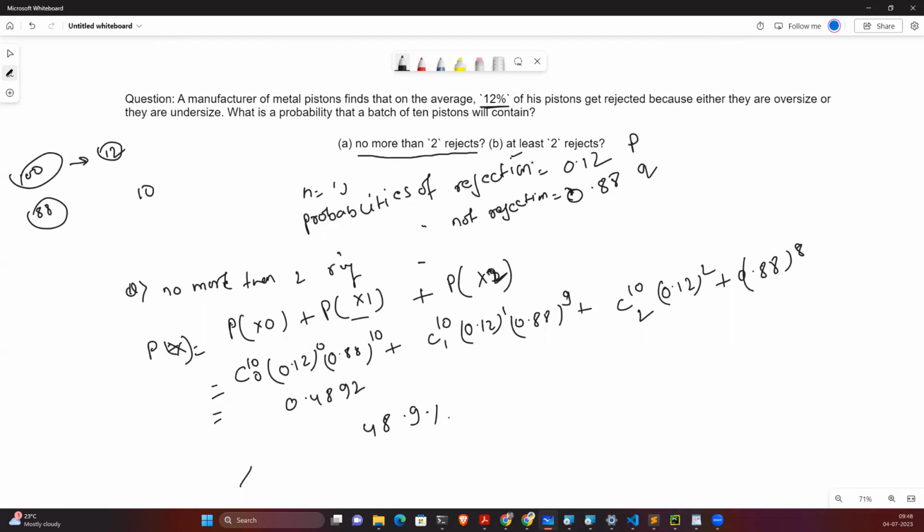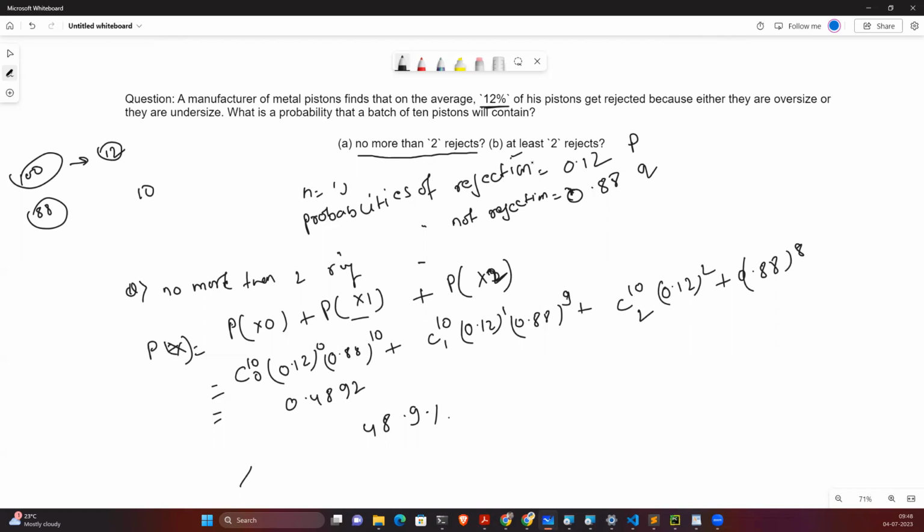Okay, done. What did you understand with this question? P of X. First, tell me the question number. What is it saying? At least two rejections, sir. At least two rejection is a possibility of two rejections.